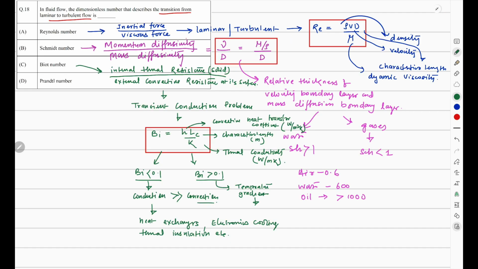Now the option D, that is Prandtl number. Prandtl number may be written as the ratio of kinematic viscosity to the thermal diffusivity. This may also be written as the ratio of hydrodynamic boundary layer to the thermal boundary layer.